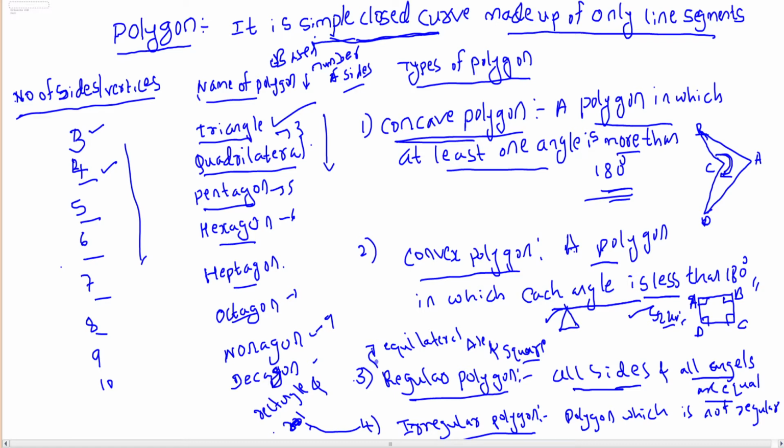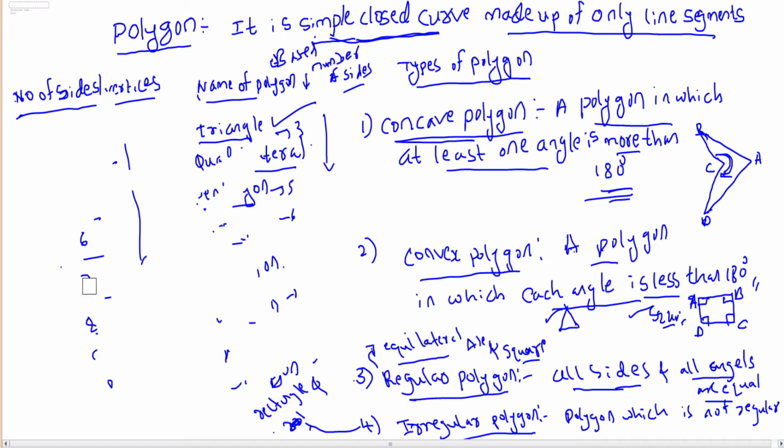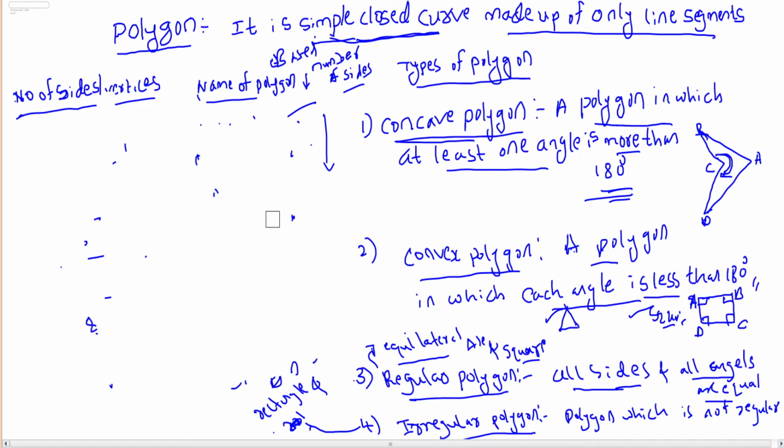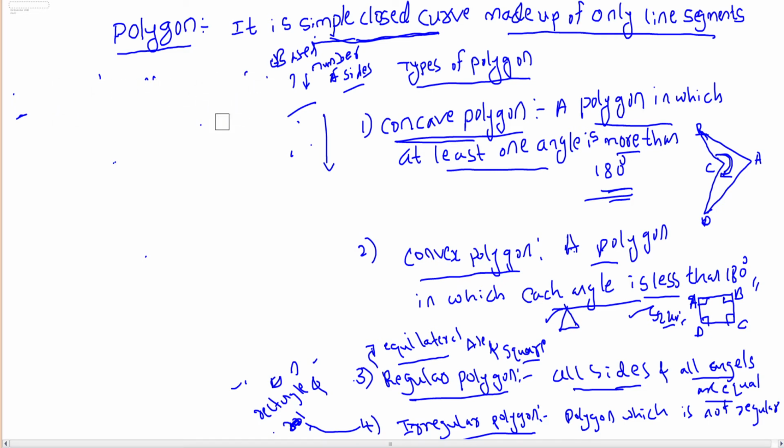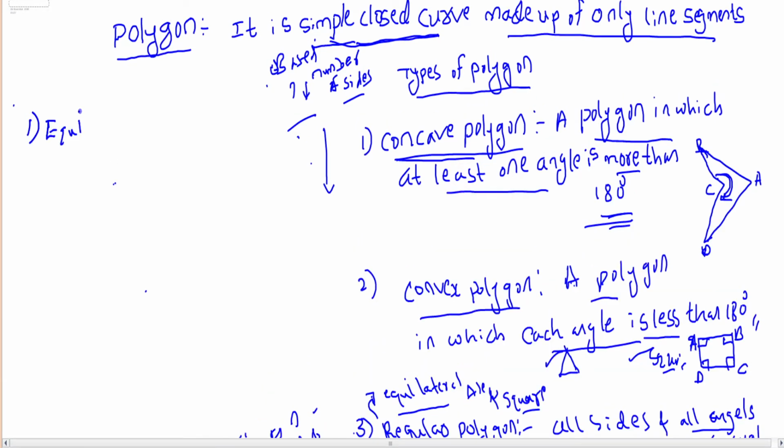If you take an equilateral triangle, we know all the sides and all the angles are equal. A square also has all sides and all angles equal. Those are regular polygons.